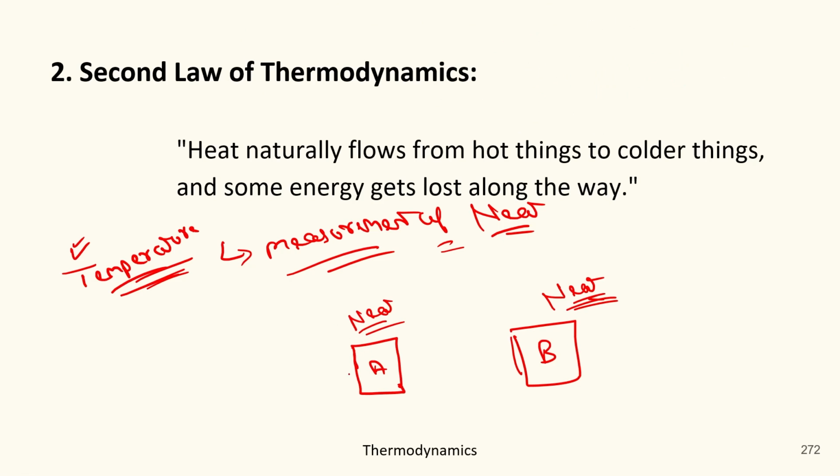If I ask you which object has more heat, then you must measure the temperature of that object. Got it? And temperature can be measured in these thermometers, and the important ones are Celsius, then Fahrenheit, then Kelvin.